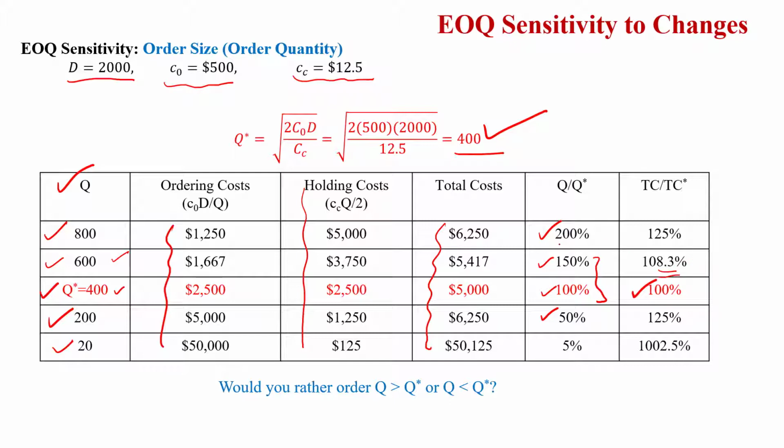If we order double the optimum order quantity, the total cost is going to increase by 25%. That means the total cost is going to change by 25%.